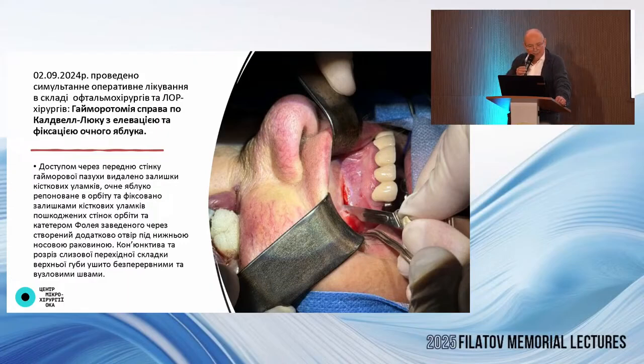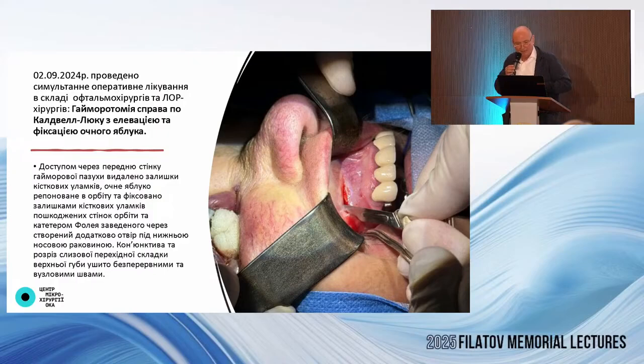We used the Foley's catheter and pumped it up. And this way, using very tender manipulations, we elevated the eyeball from the nasal sinus into the orbit through an additional opening under the lower nasal concha.